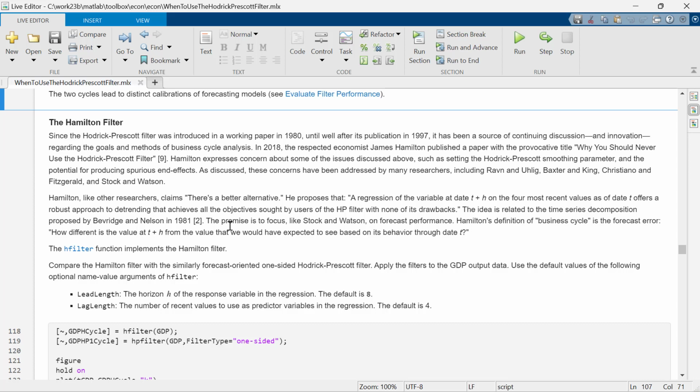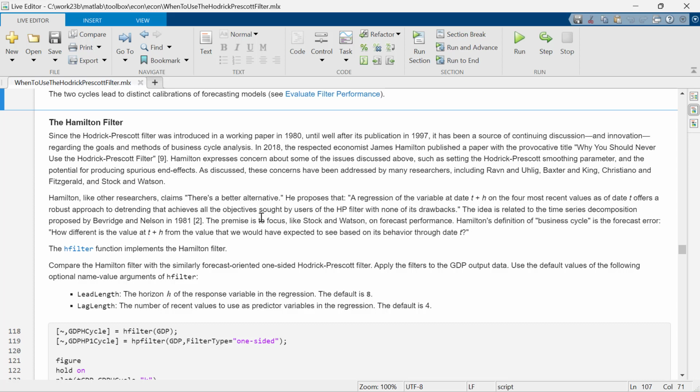So Hamilton claims that there's a better alternative than using the Hodrick-Prescott filter. In essence, he says that you can perform a simple linear regression, a causal regression using at any time t the most recent observations in a time series as predictors to create a linear regression model, forecast that forward in order to get a forecast result, and then use the difference between the forecast and the actual data, the forecast error, to represent the business cycle.